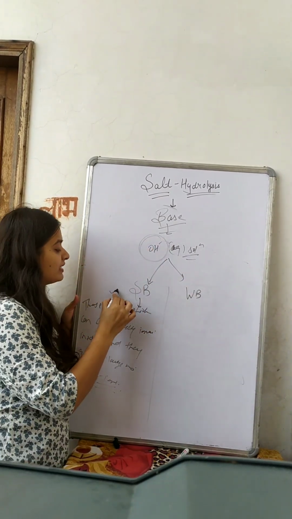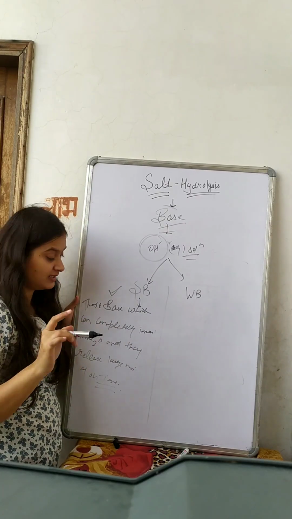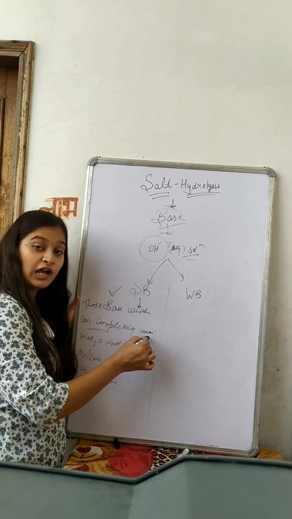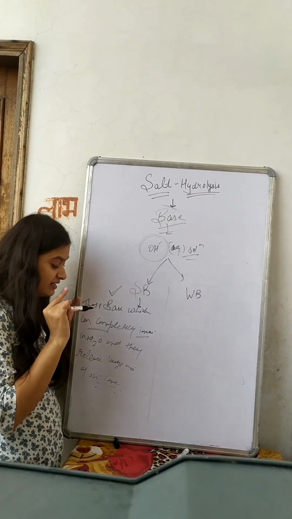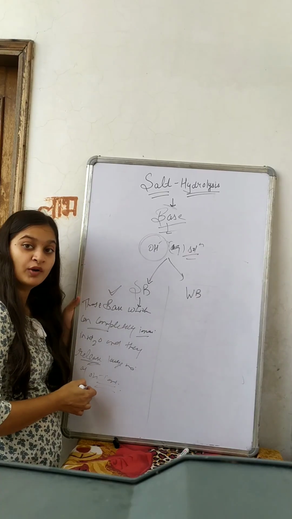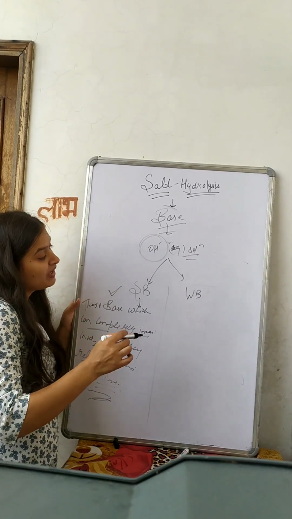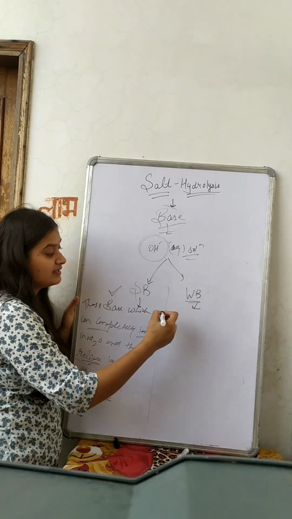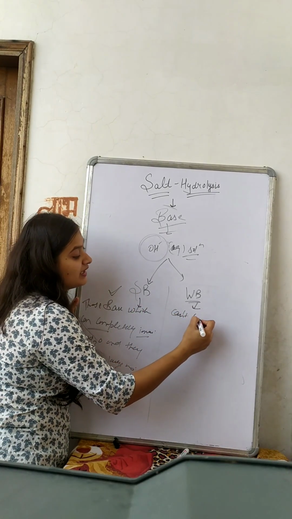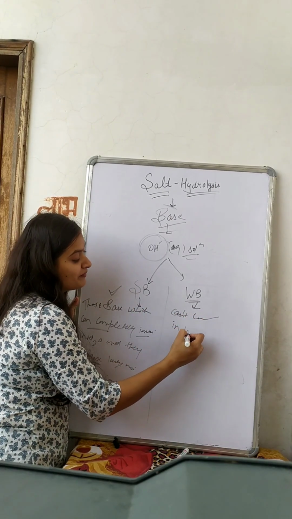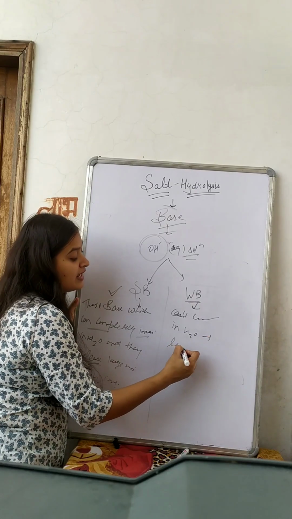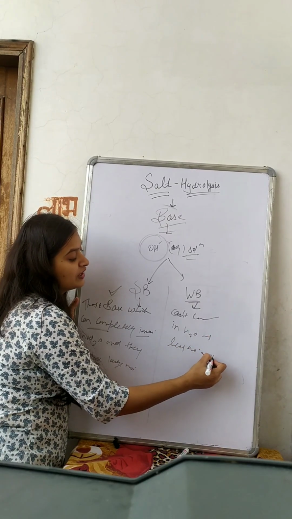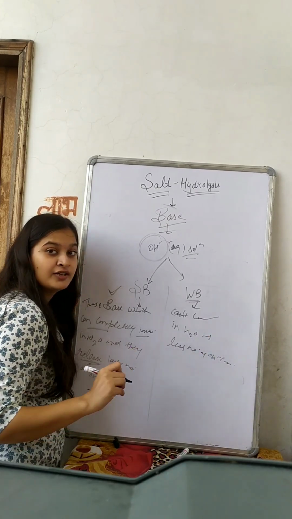So what are the strong bases? Strong bases are those bases which can completely ionize in water and release the maximum number of OH negative ions. And the weak bases are those bases which cannot completely ionize in water and release fewer OH negative ions in the solution.